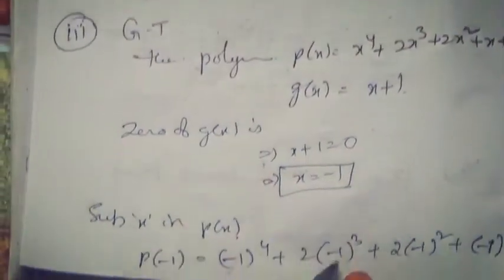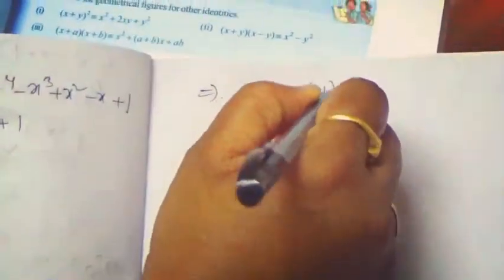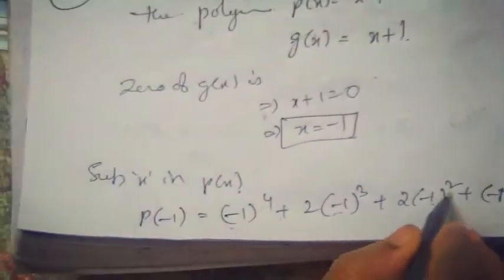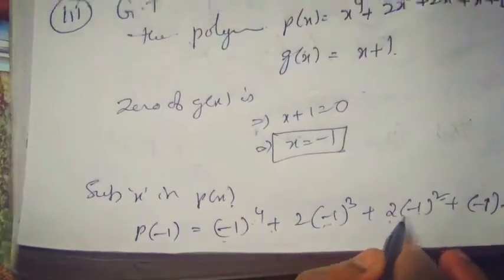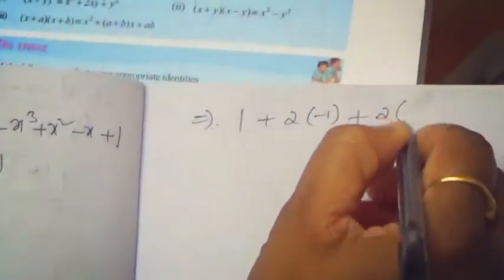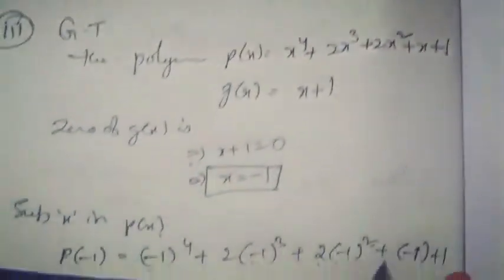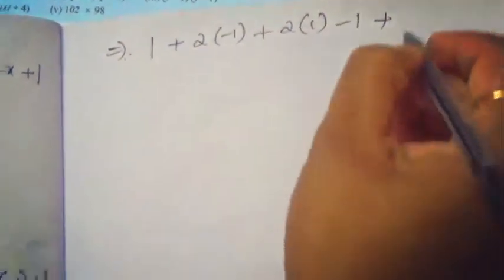Okay, so that implies, here an even number is there, hence it becomes 1. Here an odd number is there, hence minus 1 remains, plus 2 of minus 1. Here an even number is there, so 2 of 1, plus 2 of 1, plus of minus 1 plus 1.